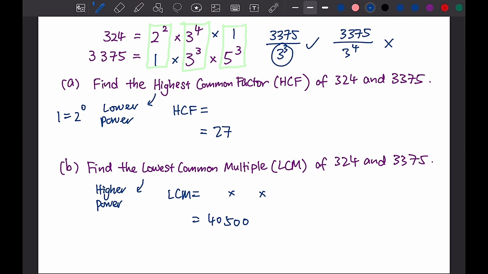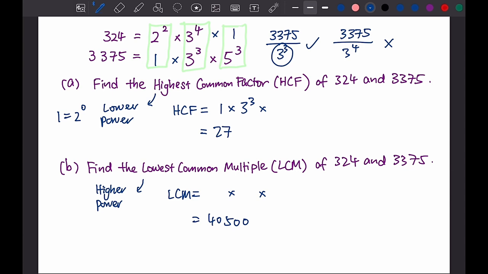Alright. Once we fill it like this, it makes it easier for us to form our HCF and its breakdown. So first of all, back to choosing the lower power. For base 2, I'm going to choose 1. For base 3, I'm going to choose 3 to the power of 3. I'm not going to circle it because later on I'm going to have a problem. So I'm just going to put 1 times 3 to the power of 3.